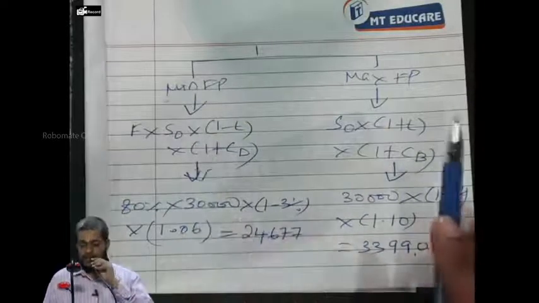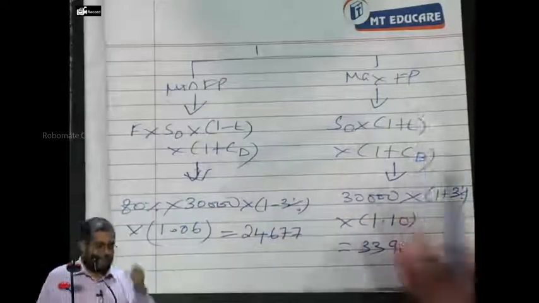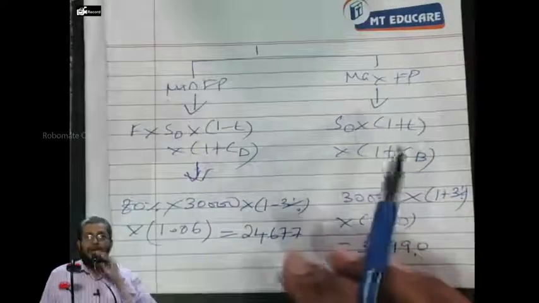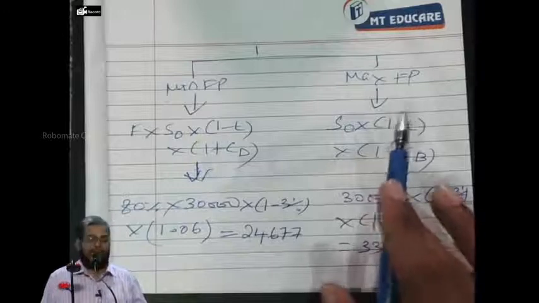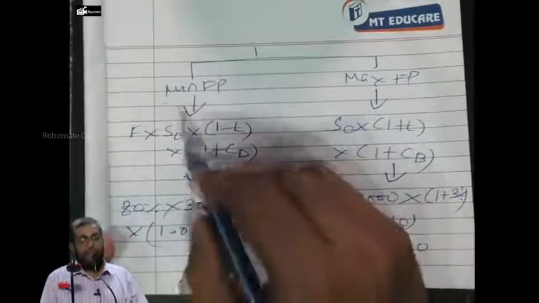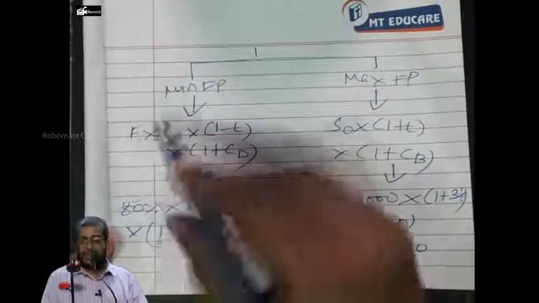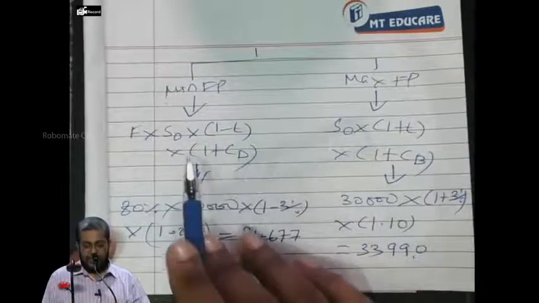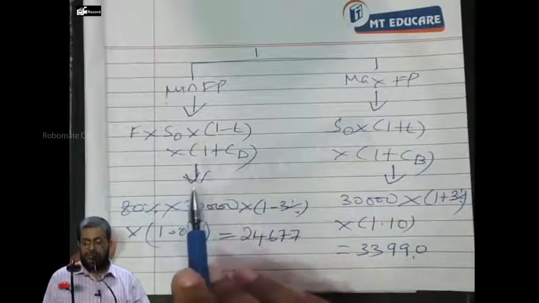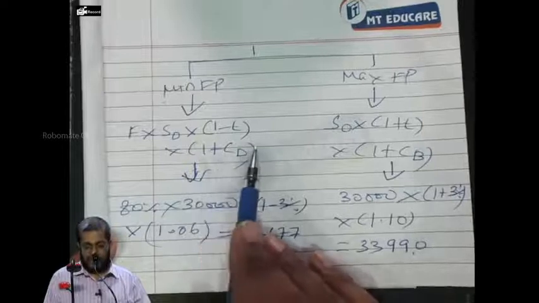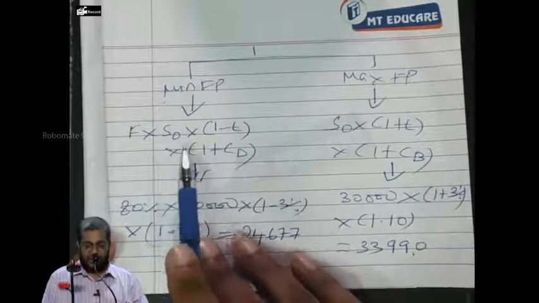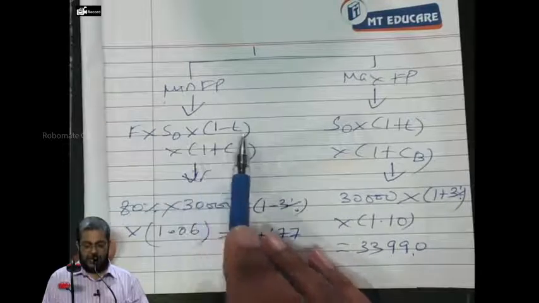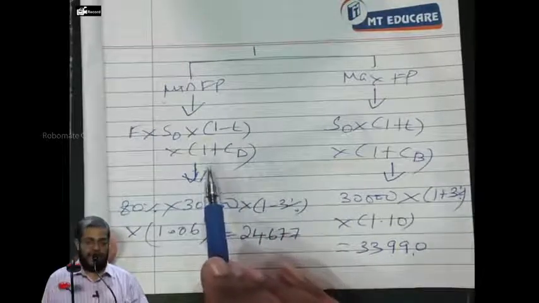Minimum futures price, maximum futures price. Minimum futures price, right? F into S0 into 1 minus T into 1 plus CD.